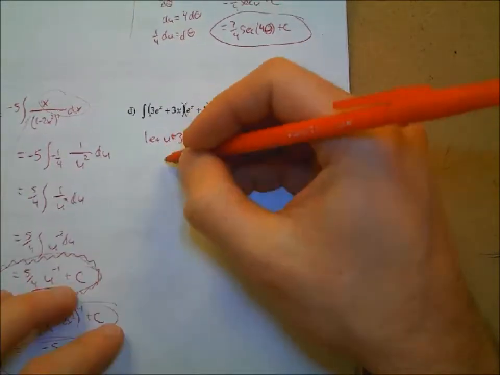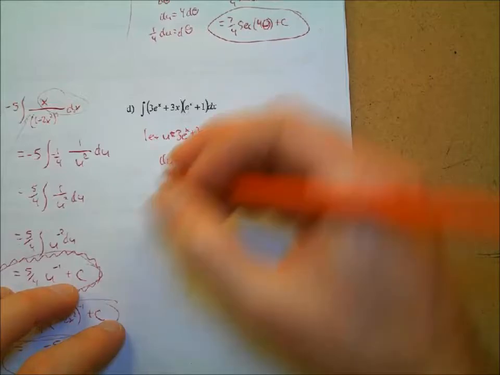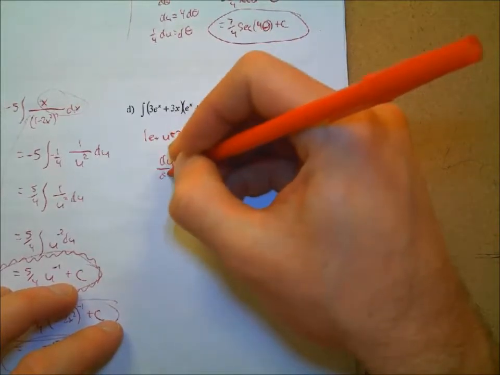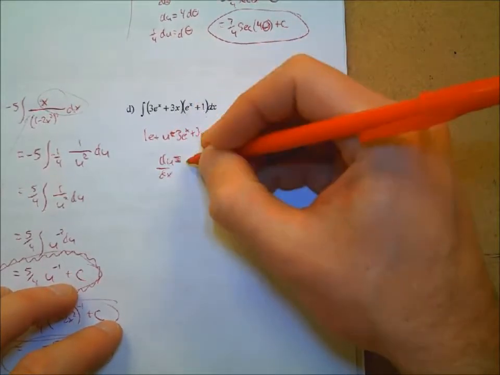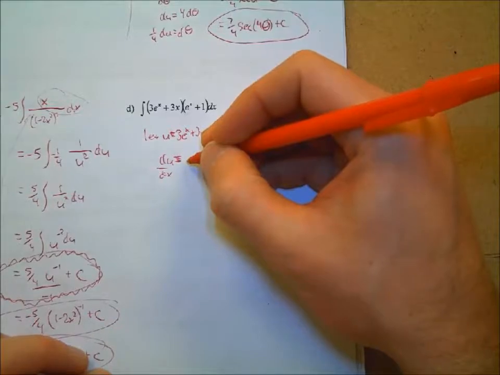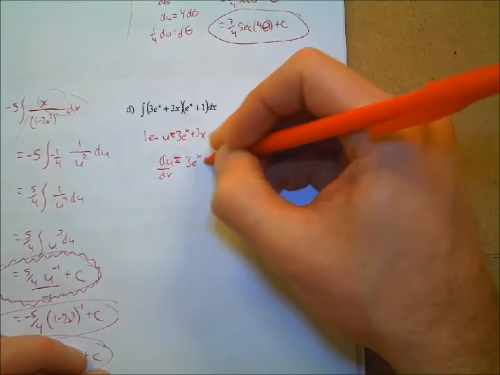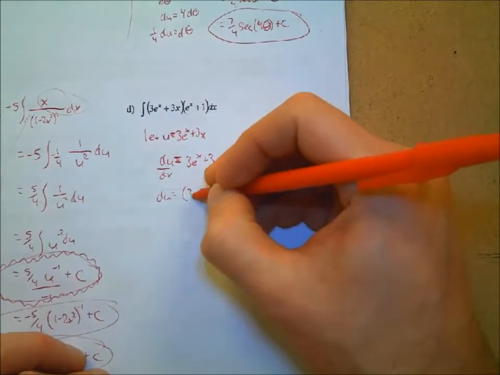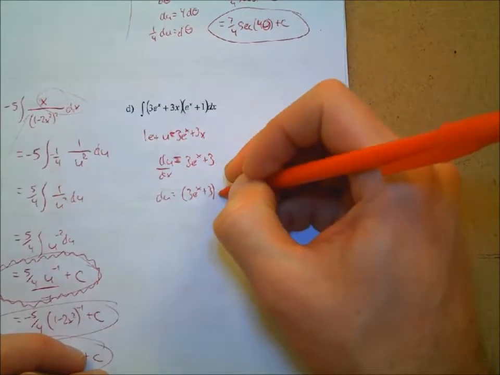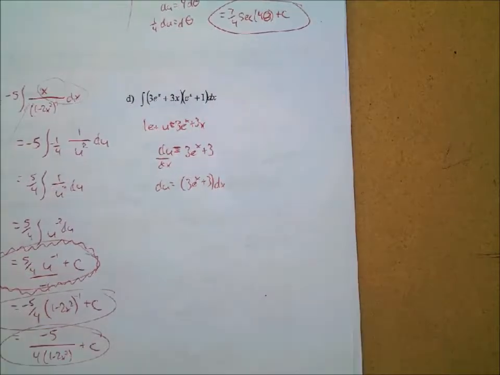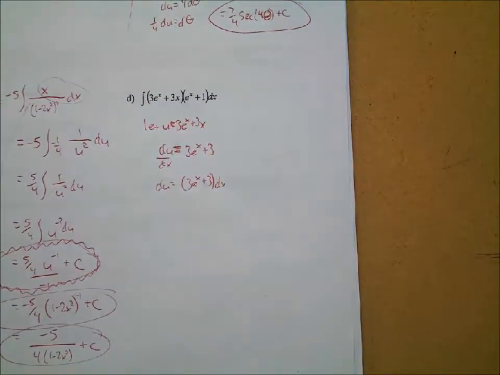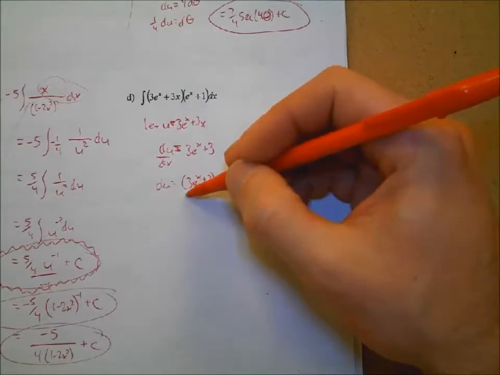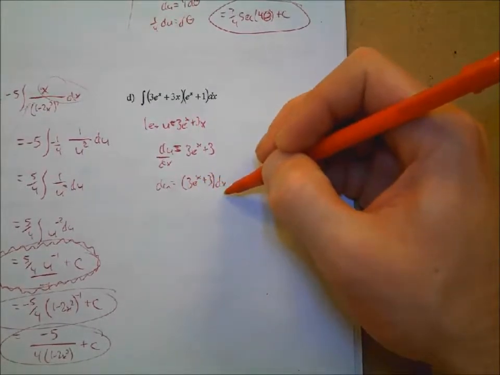So du/dx equals 3e to the x plus 3. We'll multiply both sides by dx, so du equals 3e to the x plus 3 dx. Do we have 3e to the x plus 3 dx? We have e to the x plus 1.